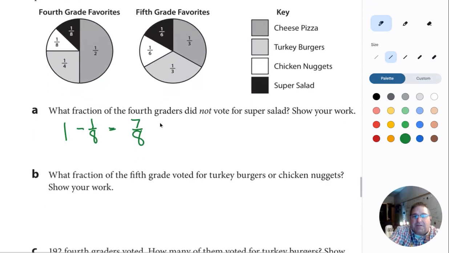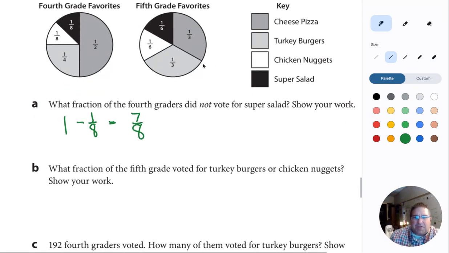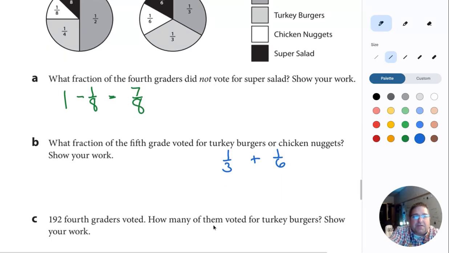So down here, you might notice the chart does something interesting. Turkey burgers are the light gray, so 1/3. And the nuggets are white, 1/6. So we're going to have to add 1/3 plus 1/6. Get your final answer there.